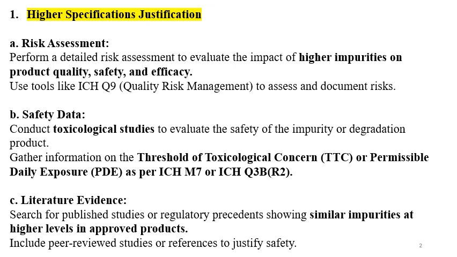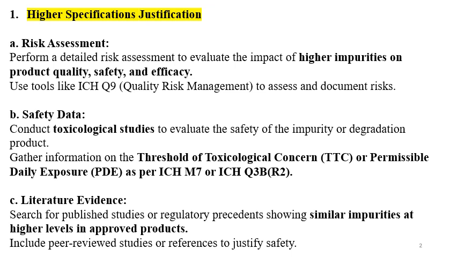You can search for published studies or regulatory procedures which show the similar impurities at higher levels in the approved products. That means from literature you can collect the data and you can study whether the literature is showing the similar impurities at higher levels in the approved products.